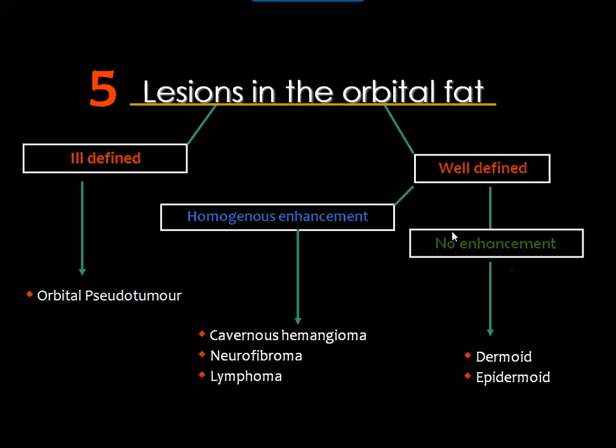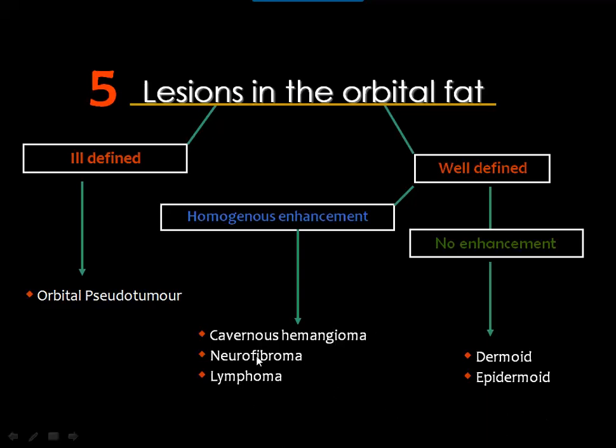If it is not enhancing, meaning that it is a cyst containing fluid within the orbit, then the possibilities may be in the form of dermoid or epidermoid cyst. If it is homogeneously enhancing, then think of cavernous hemangioma as the first possibility, which is the most common homogeneously enhancing intraorbital fat lesion in adults.